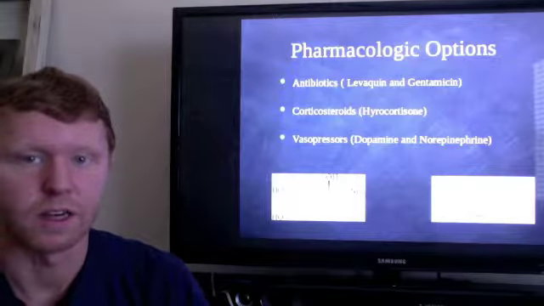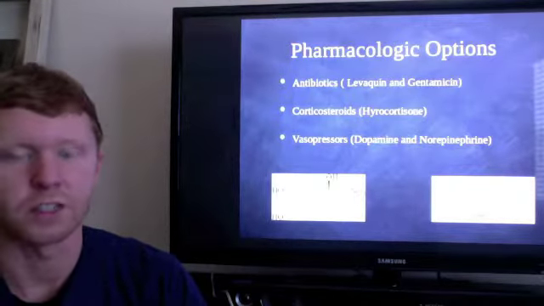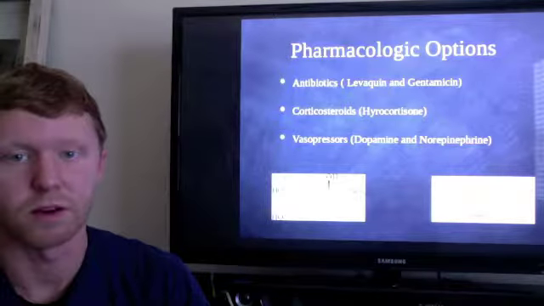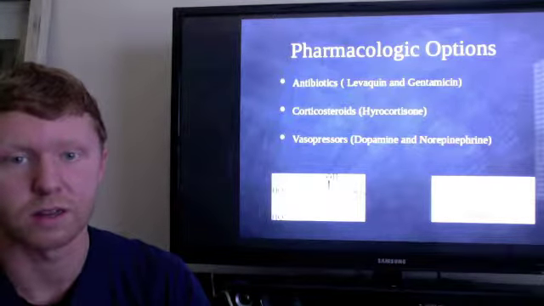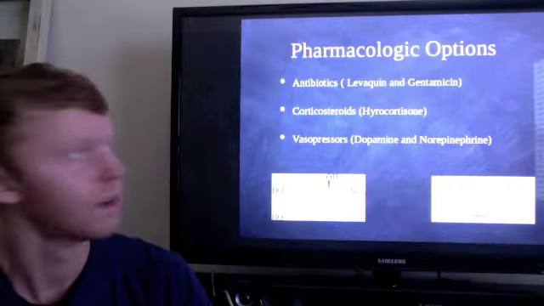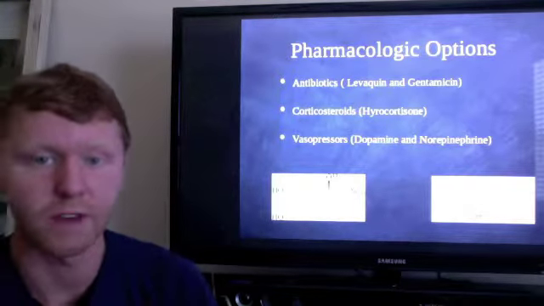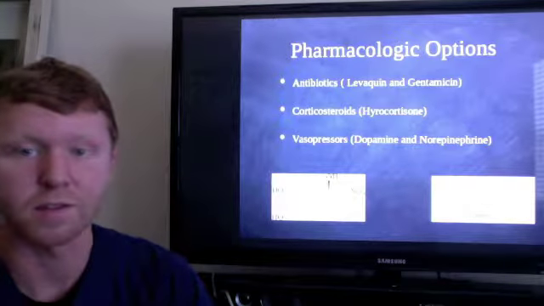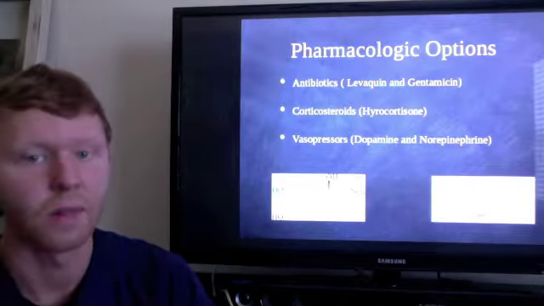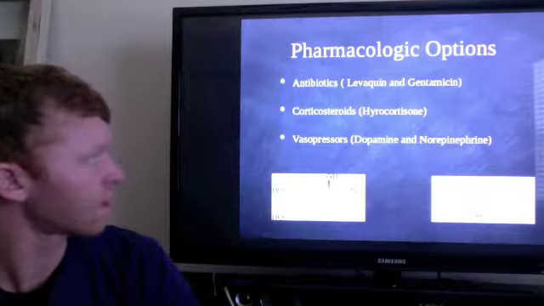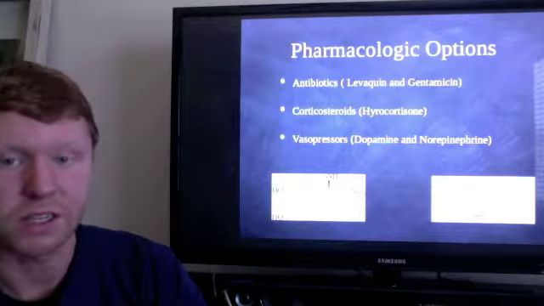So, some pharmacologic options. Antibiotics should be given at the early stages to really try to fight off that infection. Levaquin and gentamicin will help fight off the gram-negative pathogens, and corticosteroids can be given to help with inflammation.